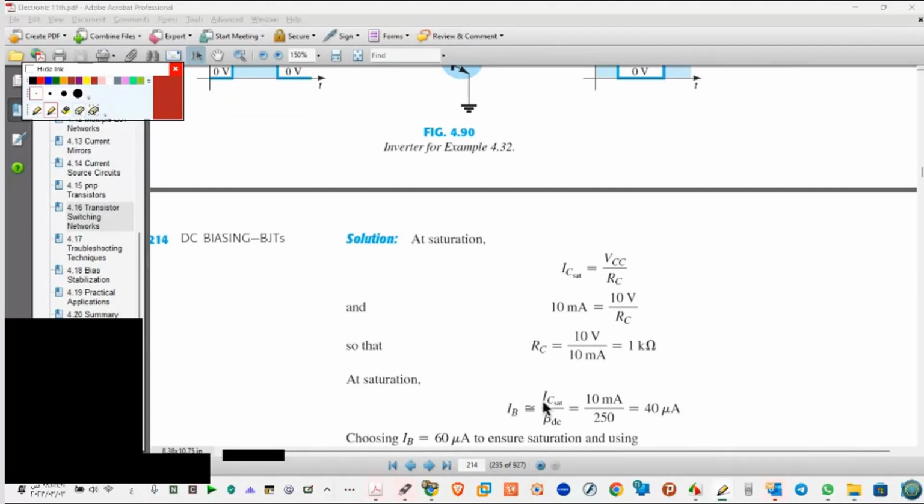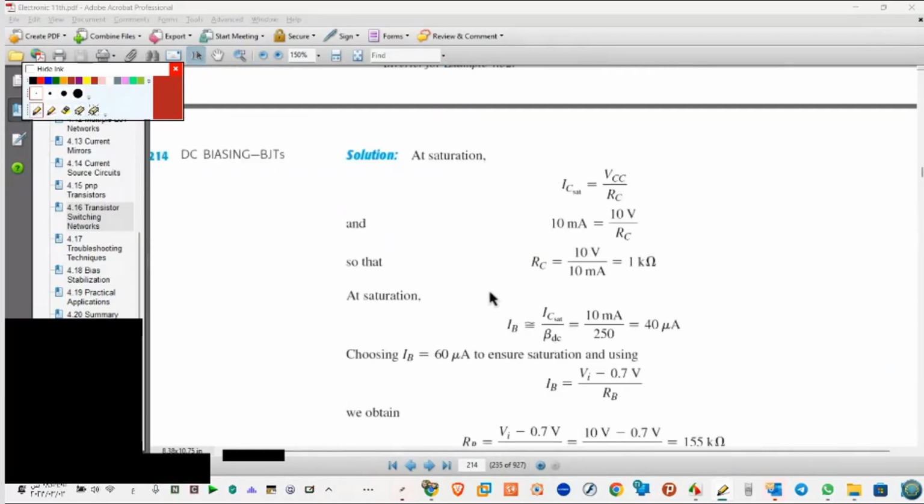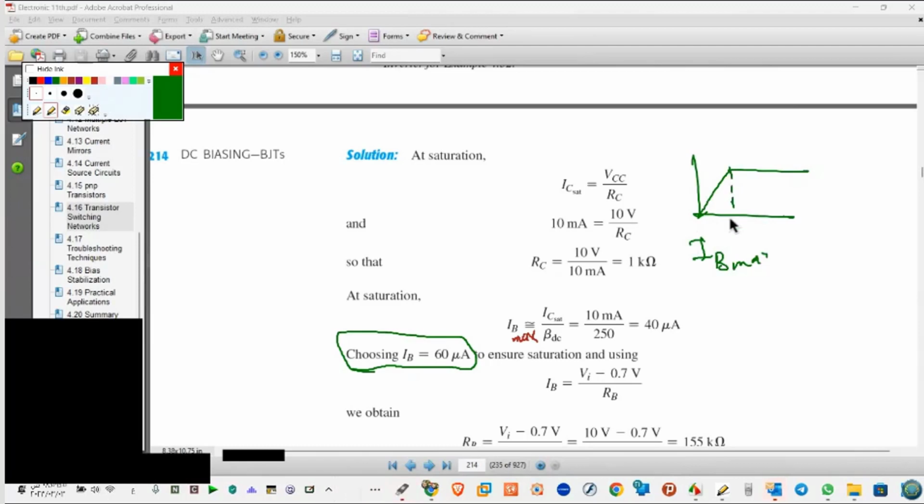Continue. In your book, I calculate IC saturation over beta. This is IB max. Add this to your book, IB max. Now, the choosing. How can we choose this one? Usually, for example, I have IB max. Again, return back to this graph. This is IB max.